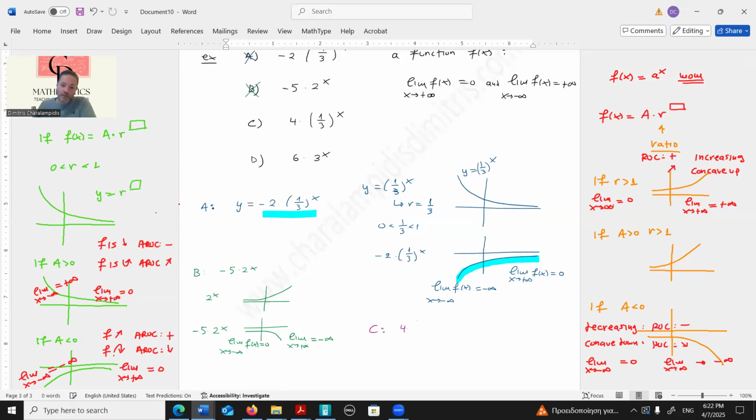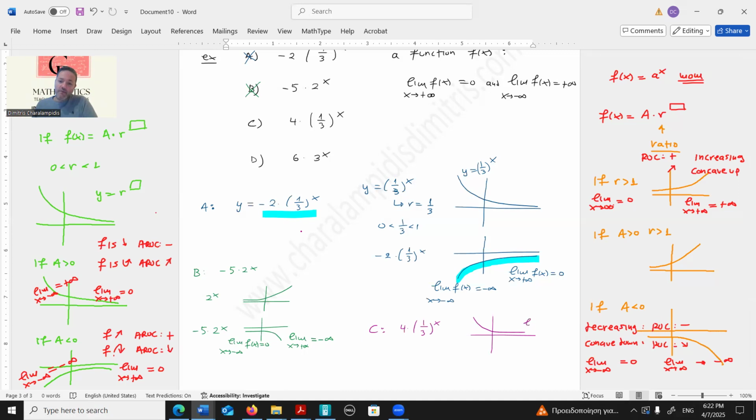It's 4 times 1/3 to the power of x. Since the ratio here, 1/3, is less than 1, originally it would look like that. I multiplied by something positive, so apart from the stretching or shrinking, nothing will change. The graph will look somehow like that.